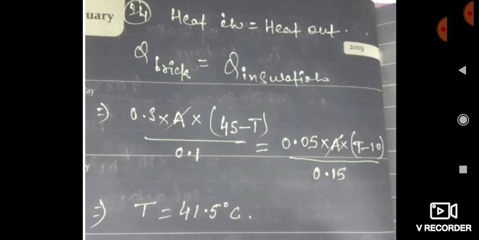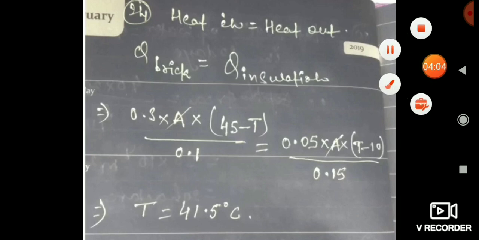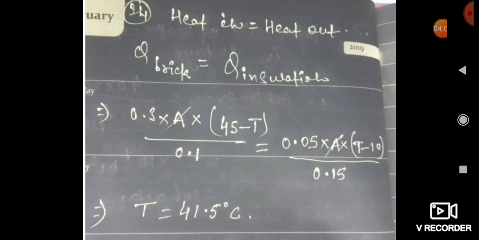That is the highest temperature present in this whole system, brick plus insulation system, and from 45 degree centigrade the heat will flow to the insulating material, so that the contact surface temperature coming is T, and from the contact surface the heat is flowing to the outside of the insulating material.